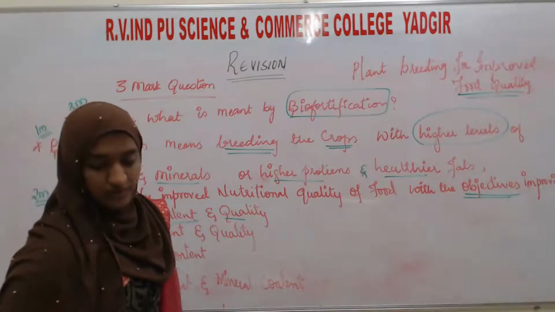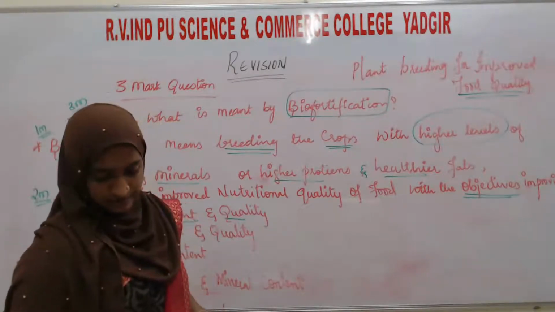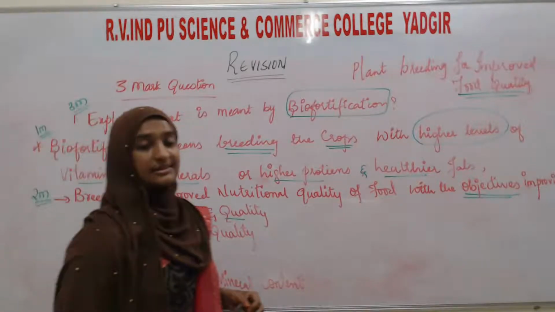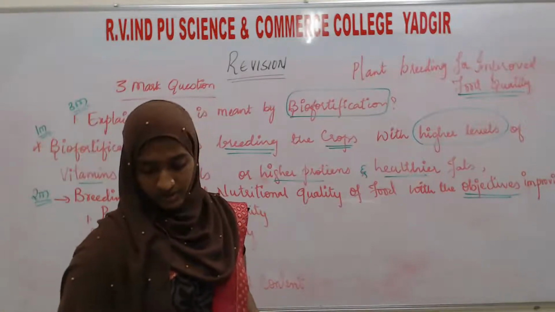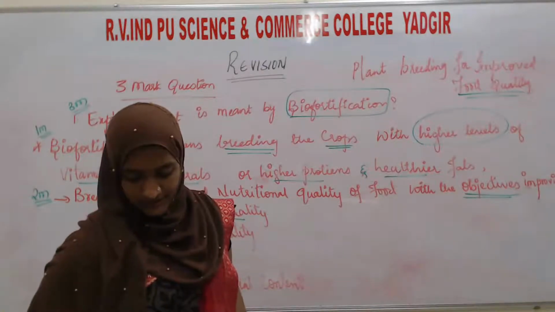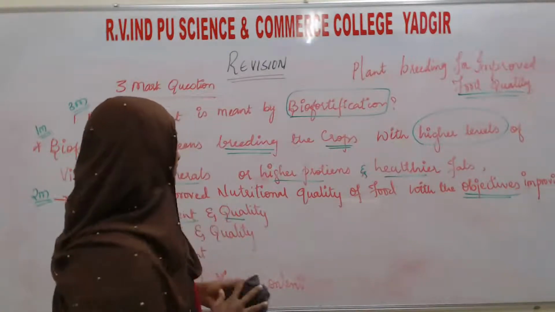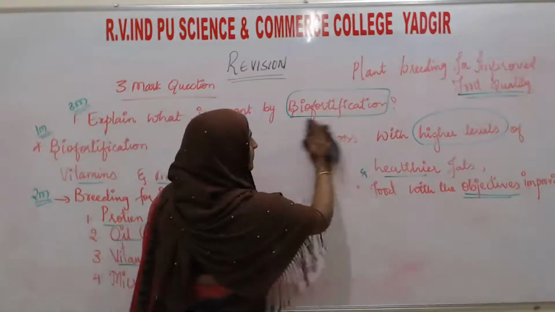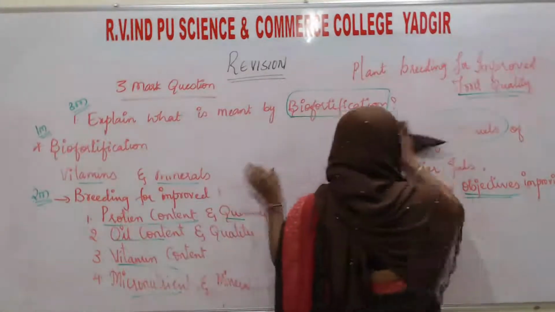Okay. Next we will go for the next question. Here, sometimes they will ask for an example, mention the example of biofortification. Here they had given, I will write here, example for improved food quality.